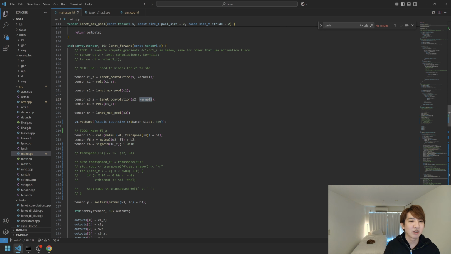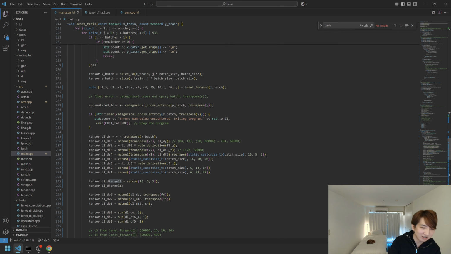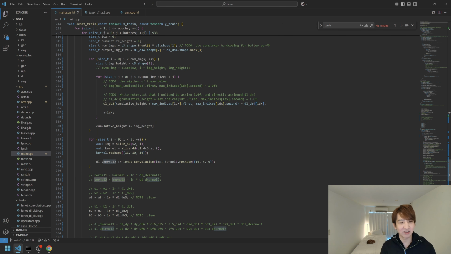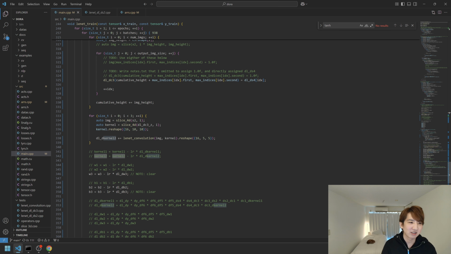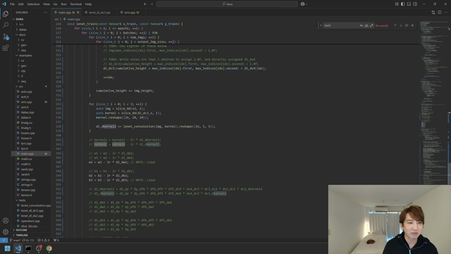kernel 2. What would it look like? So essentially you'd have to compute convolution again. Yeah, it's weird because we're computing gradients and we have to compute convolution again. And the parameters for this convolution are the image or the input and the kernel.